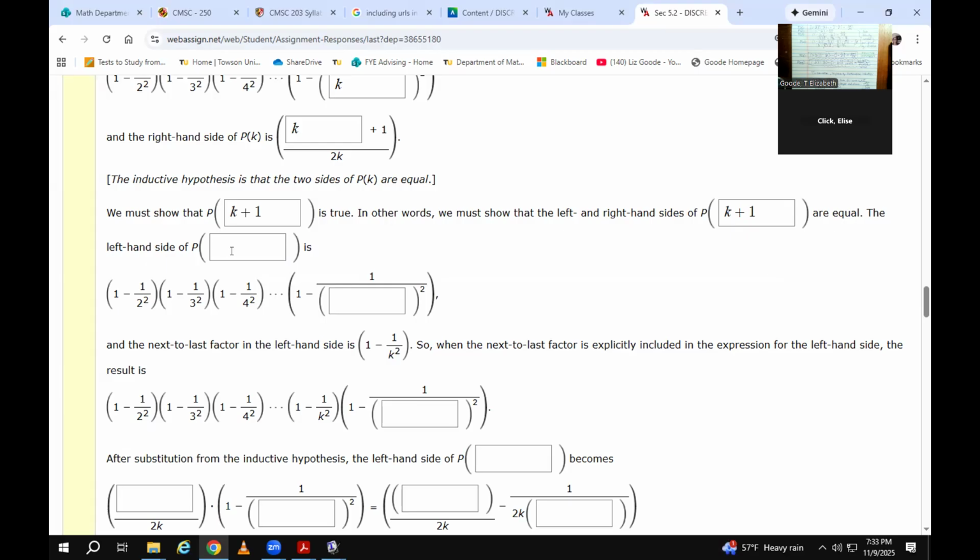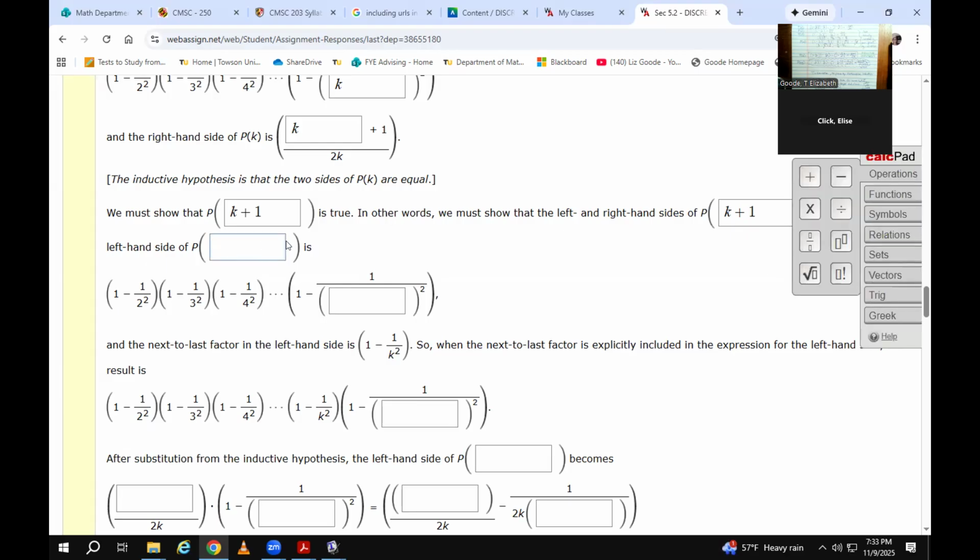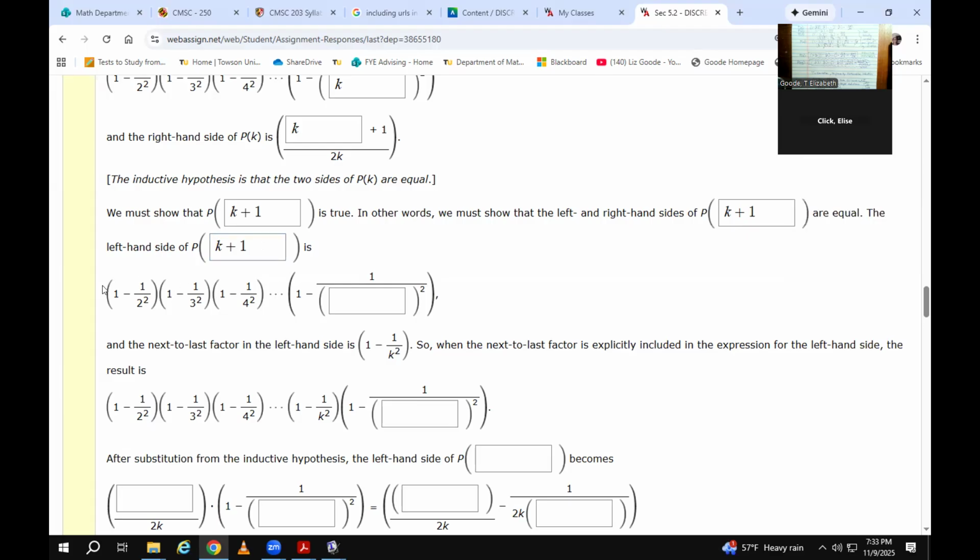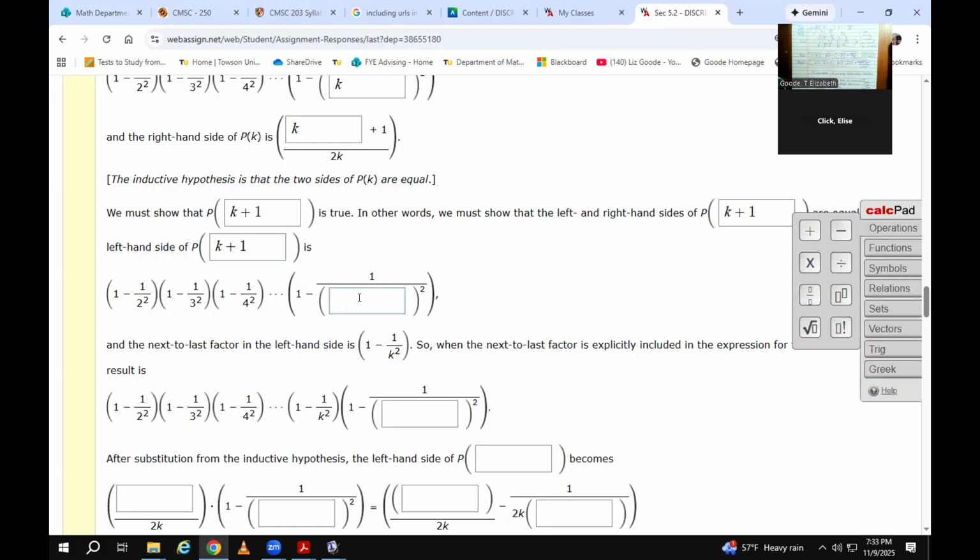The left-hand side of P of k plus 1 again, because that's what we're working on. Now they want us to write the left-hand side of P of k plus 1. Luckily we already wrote that on the paper, so we know what this last factor looks like in this big product on the left-hand side.